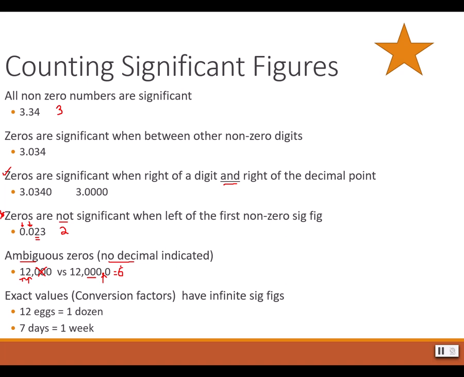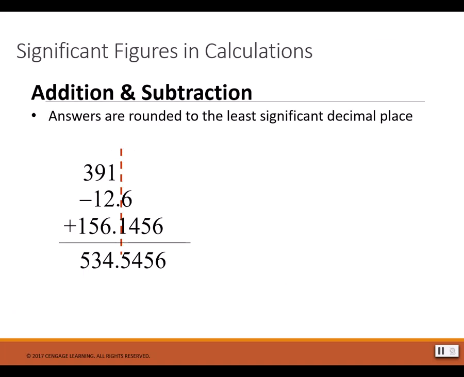So you should feel comfortable being able to, given a number, and using these rules, identify the total number of sig figs and what numbers are significant. In the next video, we're going to talk about how to use those rules when doing calculations.